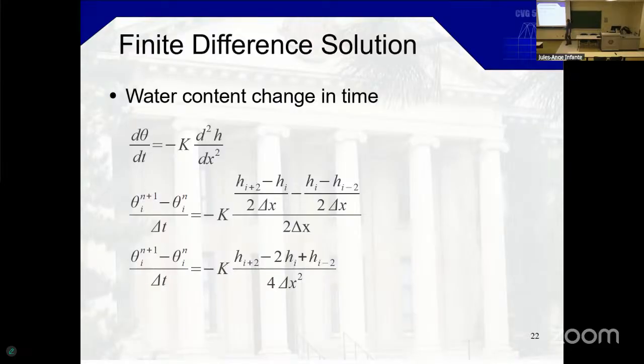And we had 2 delta x because we were skipping a node. We were saying that to find the gradient, I was looking forward and I was looking backward. But the problem is that by doing that, we're skipping a node. We cannot have that in practice because you saw the problems that it causes.